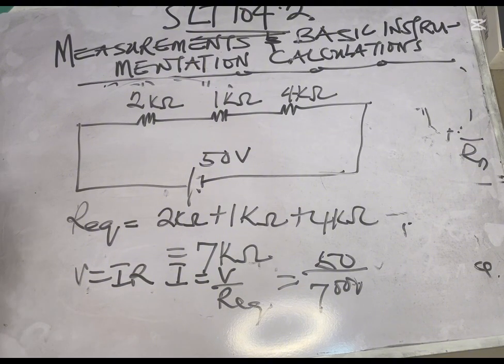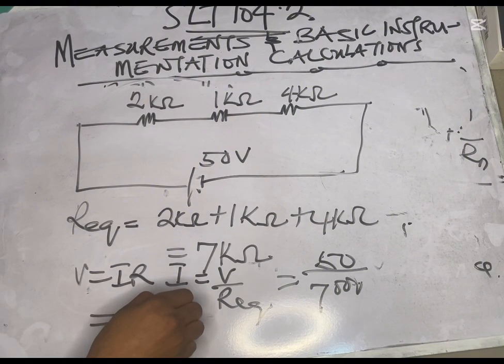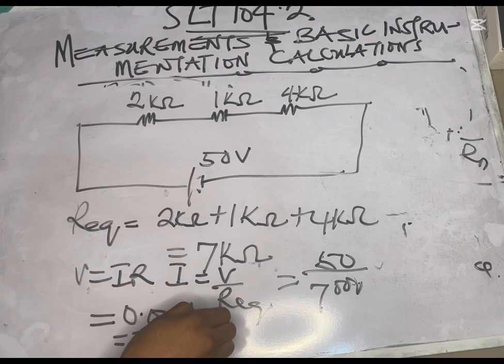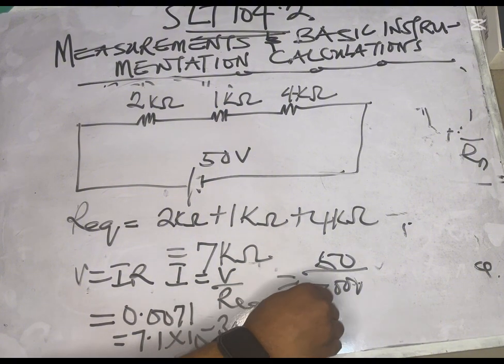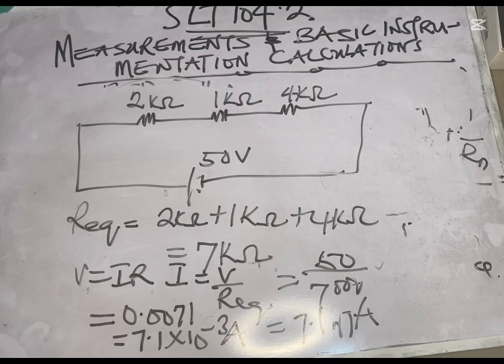Let me calculate it again. 50 divided by 7,000 will give you 0.0071, which is equal to 7.1 times 10 raised to power minus 3 amps, or 7.1 milliamperes.